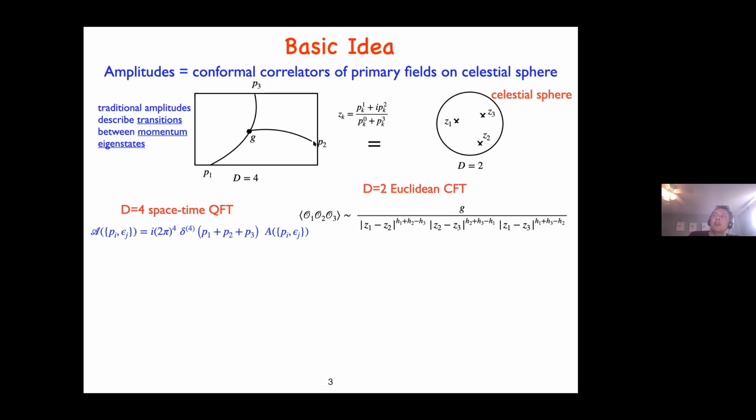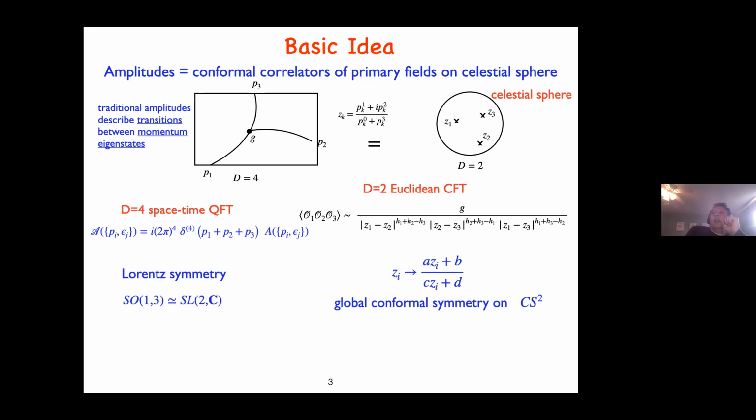Moreover, the direction where the momenta point towards the asymptotic boundary of flat space-time is mapped into positions on the celestial sphere where we localize these operators. The Lorentz symmetry on the left-hand side in this picture is mapped into global conformal symmetry on the celestial sphere. So this is a very interesting picture, and this would be basically my main motivation.